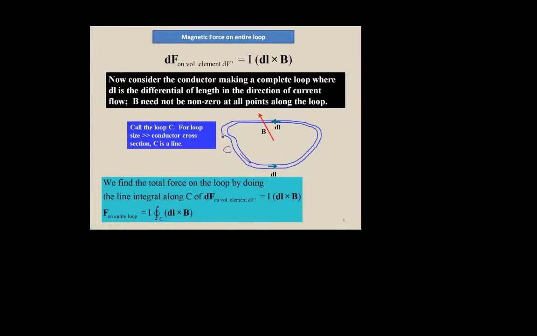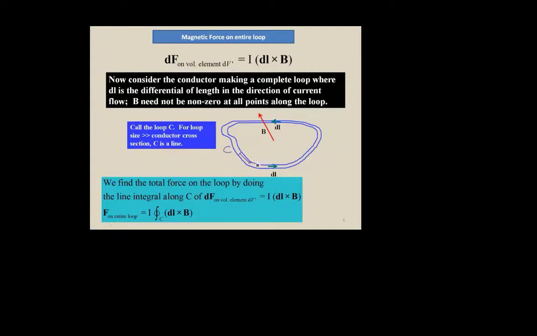If we take this loop large enough so that it's large compared to the cross section, let's say just a distance here across the conductor, then C is a line. So then we can find the force on the entire loop by doing a line integral of df on the element dv prime.